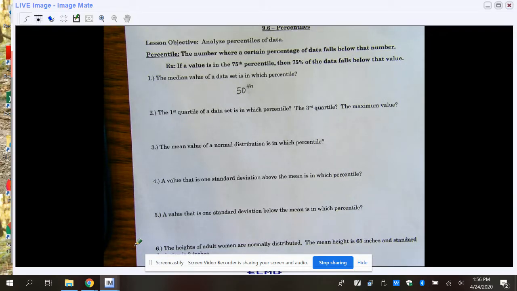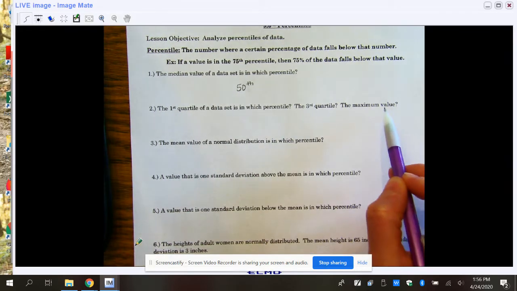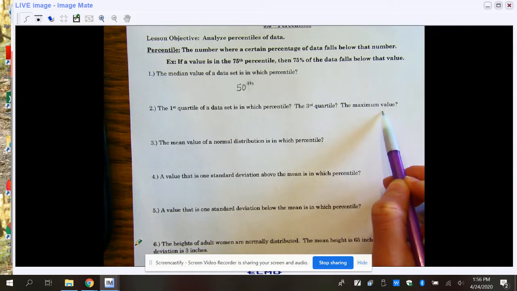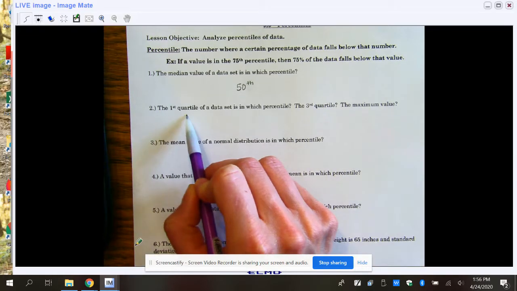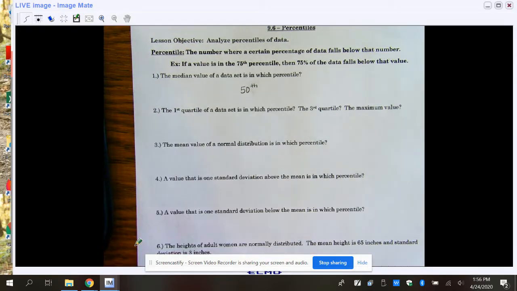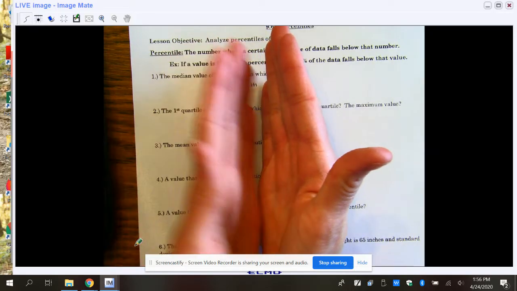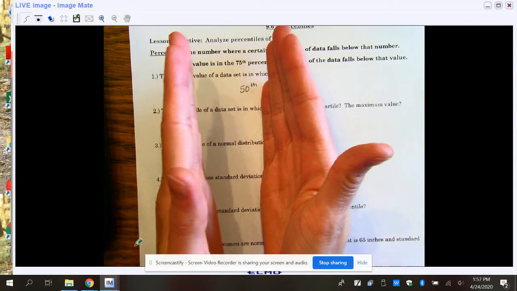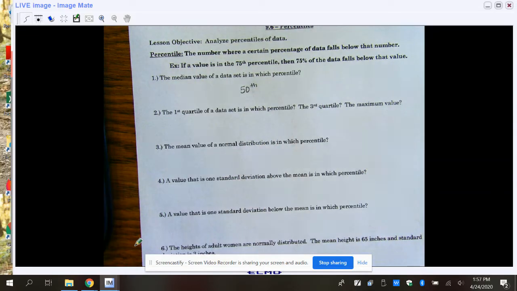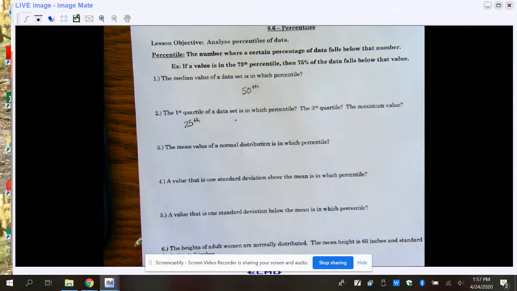Okay, so this is going back to box and whisker plots. So the first quartile is in which percentile, the third, and then the maximum value. Again, the first quartile, remember, splits the lower half in half. So if we've got the median at the 50th percentile and we're cutting that in half, half of 50 is going to be the 25th percentile.